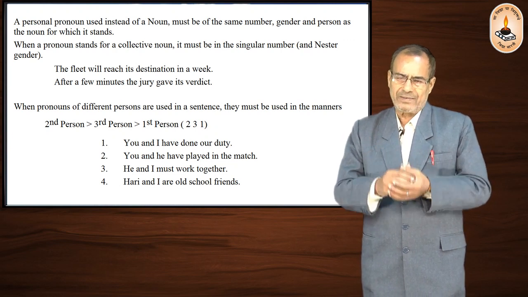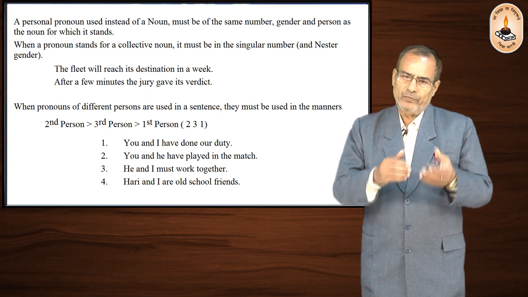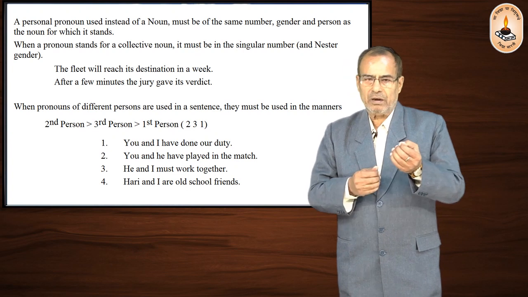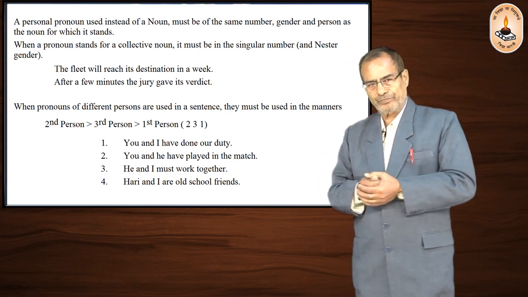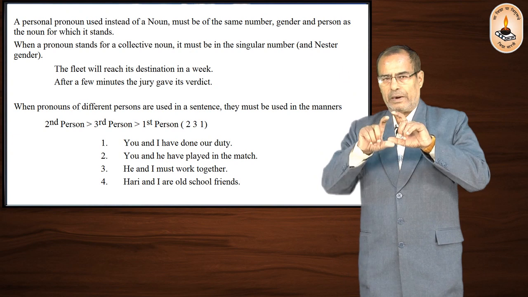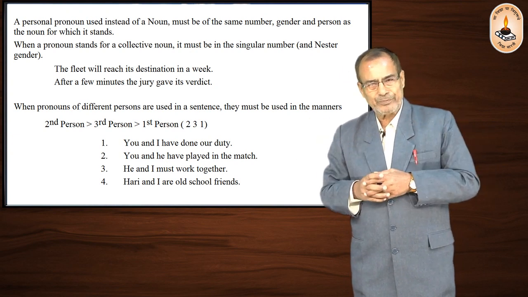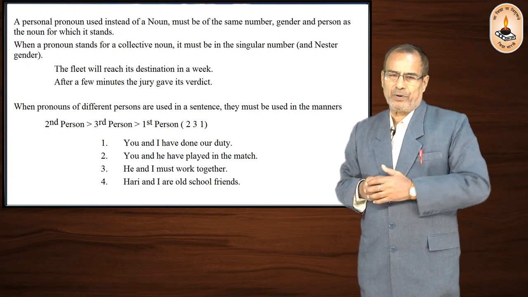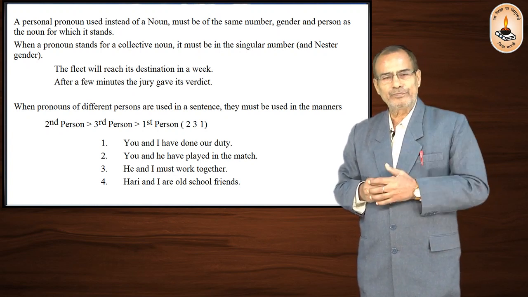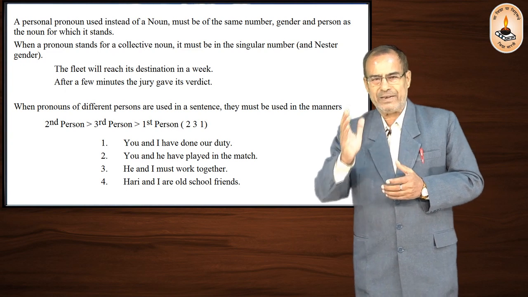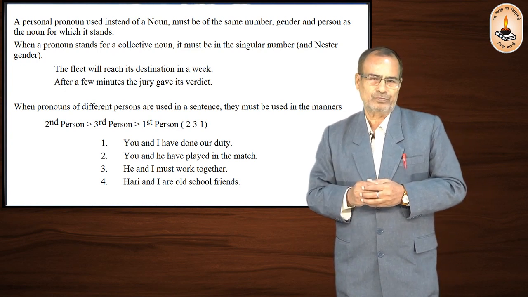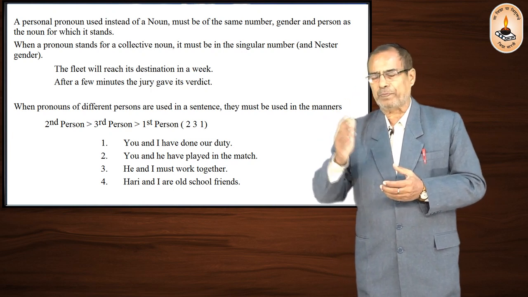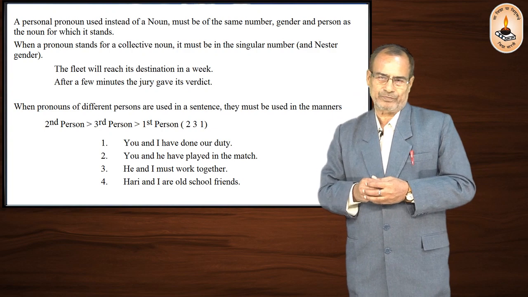That rule, simply speaking, is to memorize the rule of 2, 3, 1, means 231. It can be elucidated as, first we place second person pronoun, that is 2, then we place third person pronoun, that is 3, and it follows first person pronoun, that is 1.